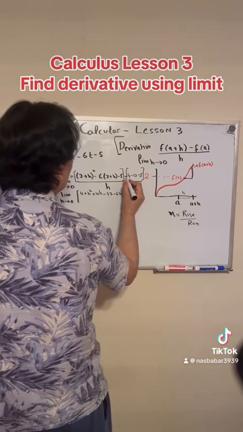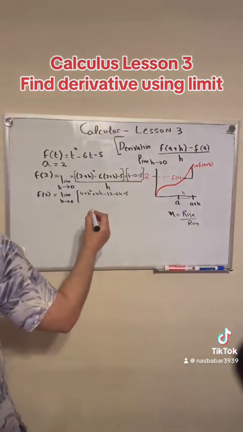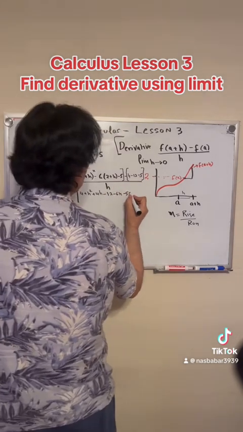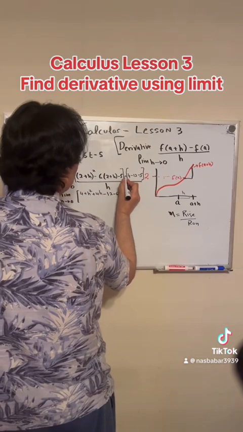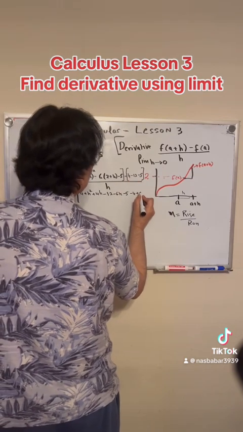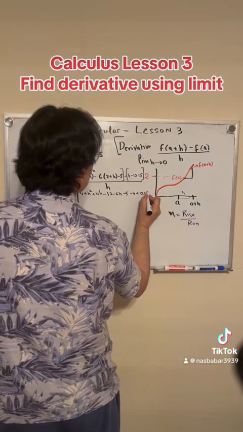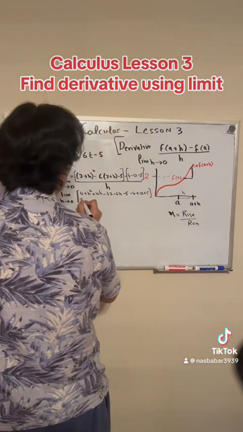We still have to open this up. If you do this, this is going to be minus 4, minus times minus plus 12 plus 5, all over h.